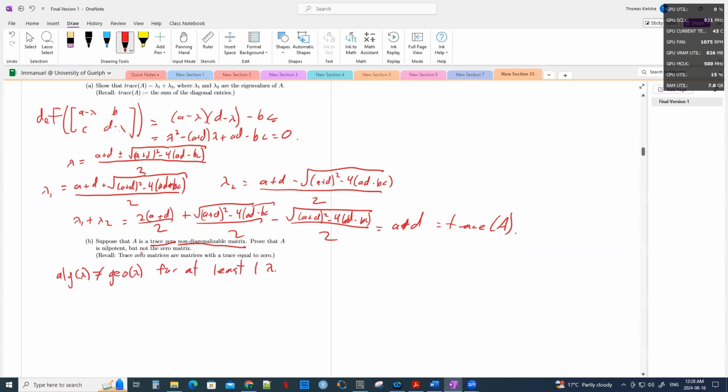Now, as A is a 2 by 2 matrix, the algebraic multiplicity of lambda equals 2. Thus, we have one repeated eigenvalue.